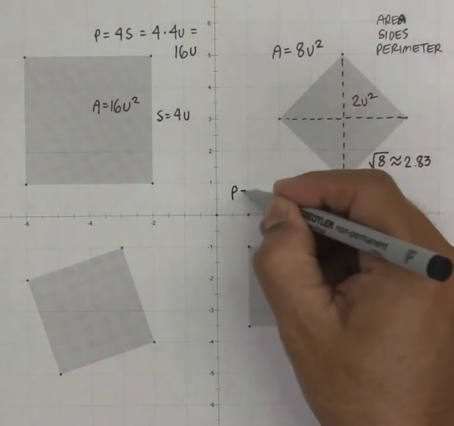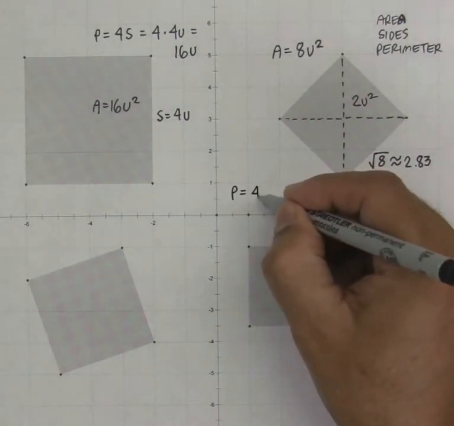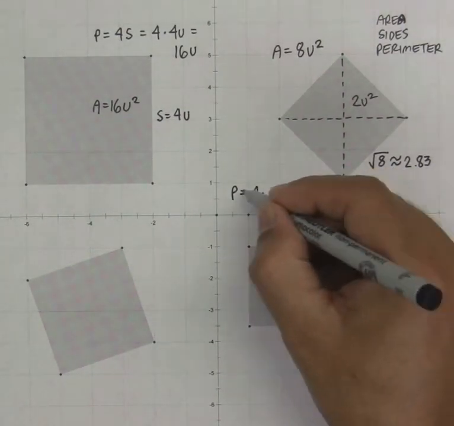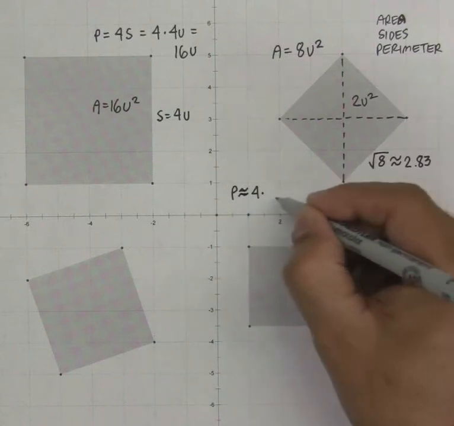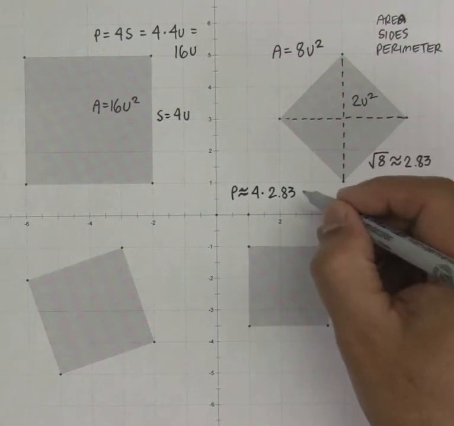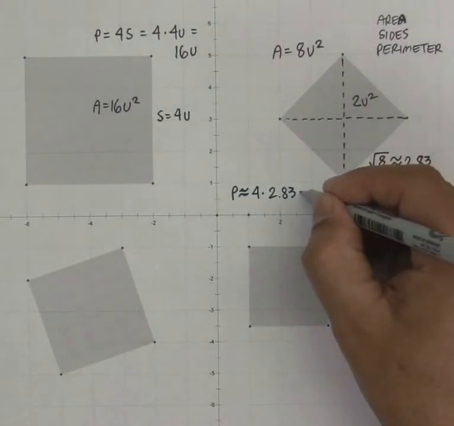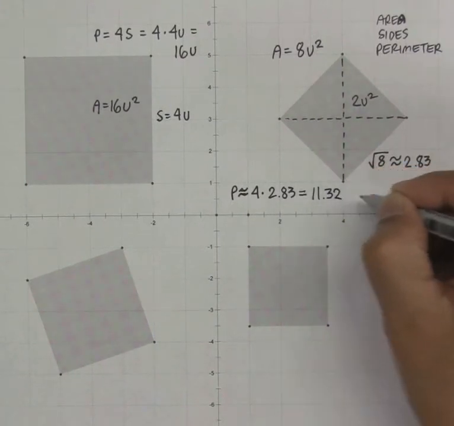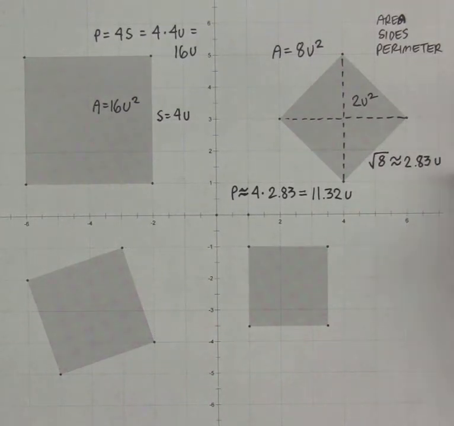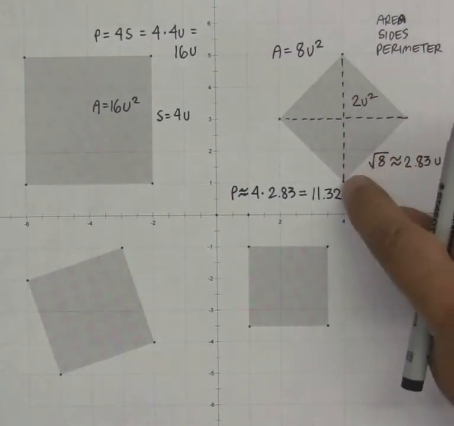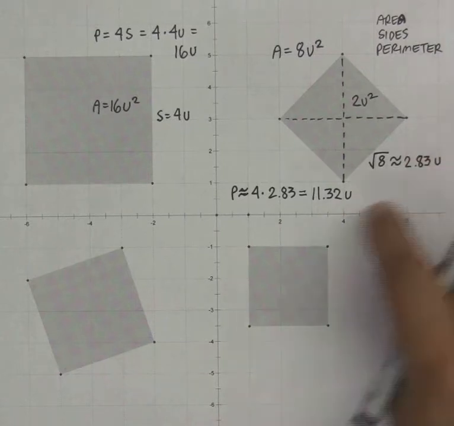The perimeter is going to be 4 times 2.83, and that is 11.32 units. First I found the area, then I found the size of the sides, then I found the perimeter.